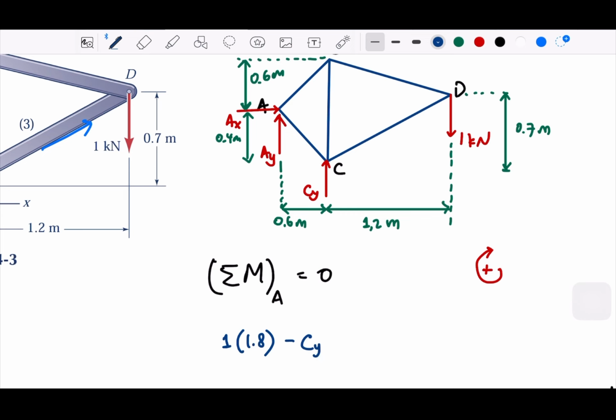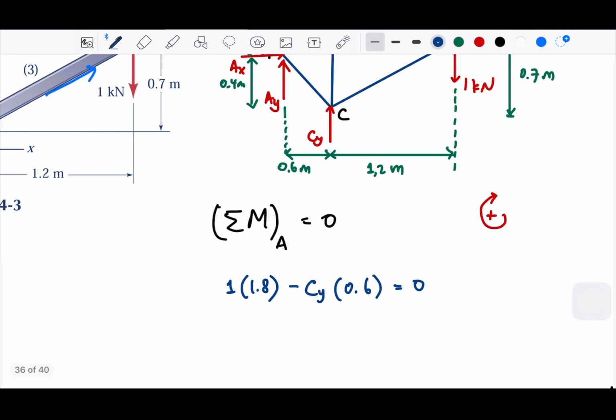So Cy times 0.6. Let's calculate. This is 3, right?